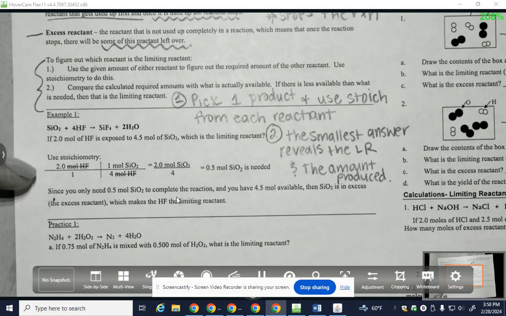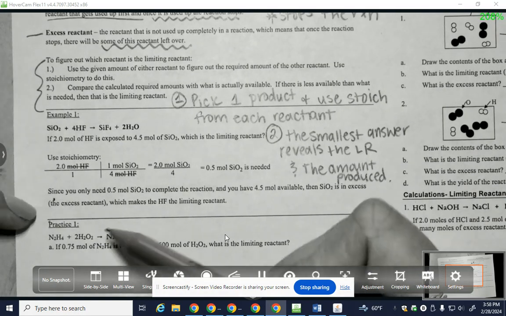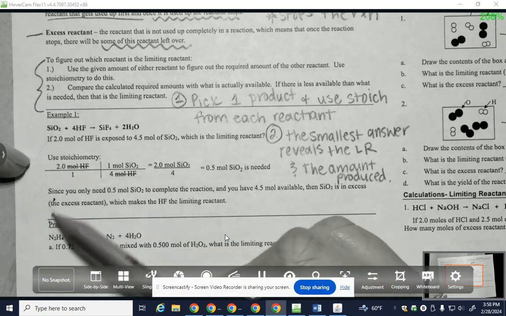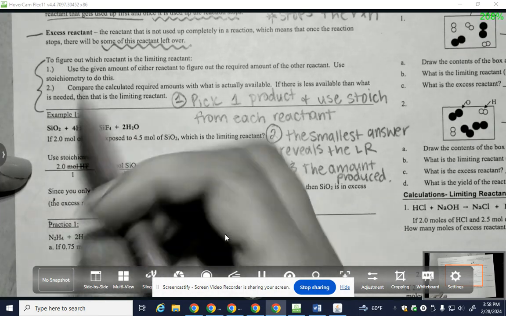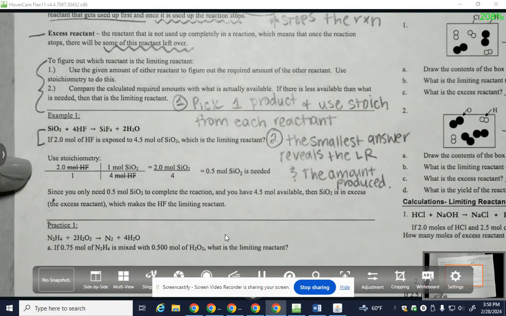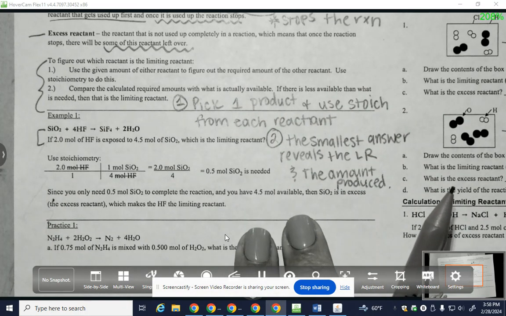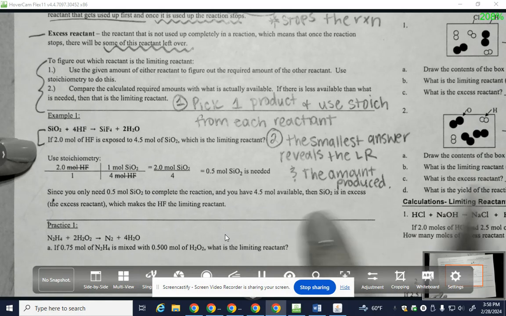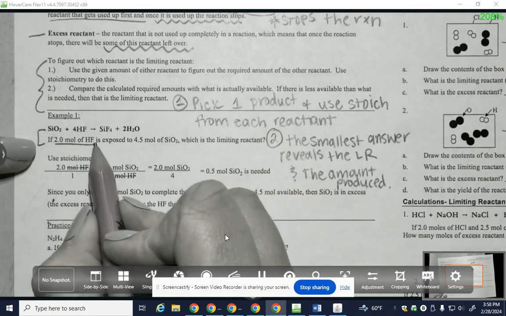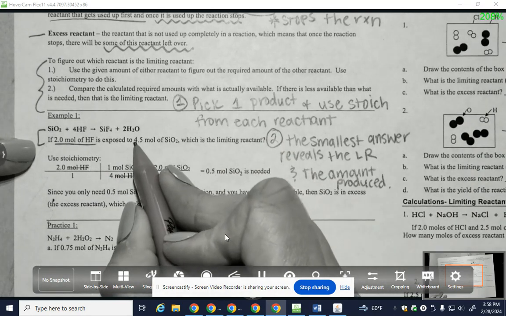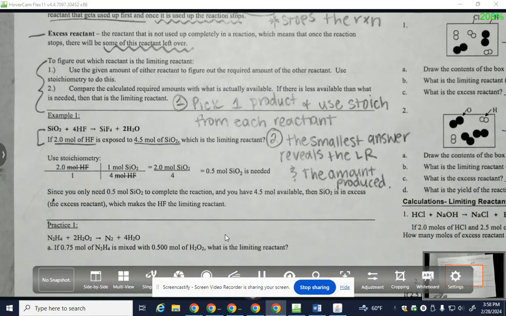Okay, so we'll come back up to see the example that they put right here, but we're going to base it off of this problem still. I'm going to write our work right here because it won't take up much room, I promise. So looking here, it says if 2 moles of HF is exposed to 4.5 moles of silicon dioxide.